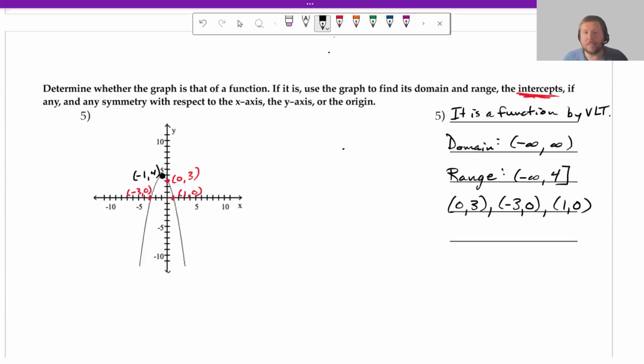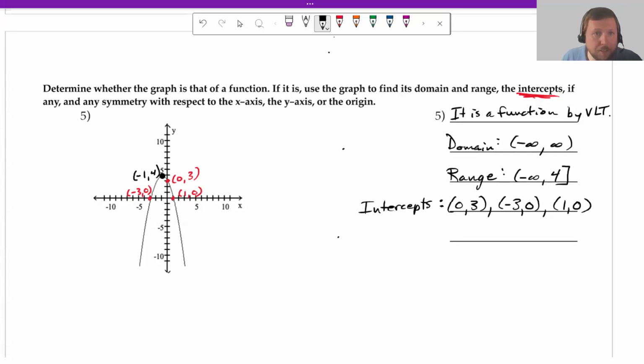Don't list them as values, because then I don't know if you mean the x-intercept or the y-intercept. If it says intercepts, you can do that, or if you want to list the y-intercept separately and then the x-intercept separately, you can do that too. I'll forgive you. I won't be mad.